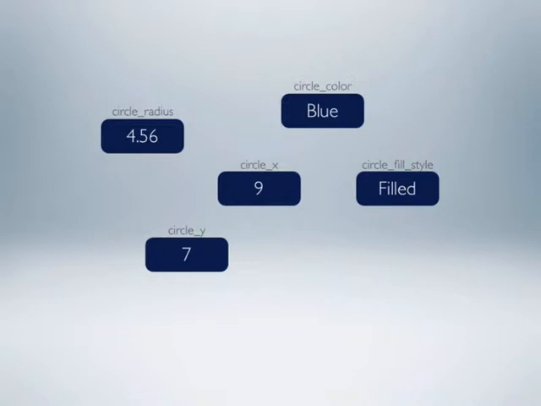If we were going to do this with traditional variables, we might have something like what we see here, where we have variables called circle radius, circle color, circle X, circle Y, circle fill style. Each one of these different variables would then have its own value. Now, that seems probably okay on the surface, but if you imagine that instead of having one circle we had 10, then this would become very, very complicated. We would have circle 1 radius and circle 2 radius all the way up to circle 10.